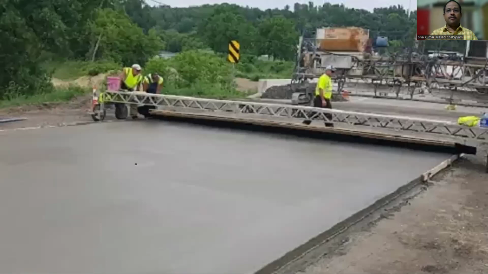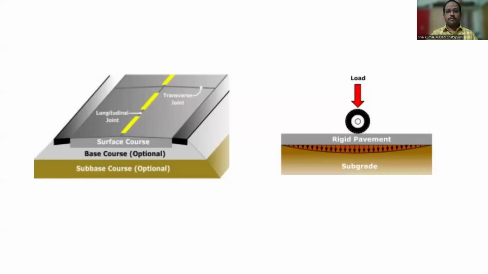This is a typical view showing the execution of a rigid pavement. Here is a schematic view of a rigid pavement, where a cross section is being shown.